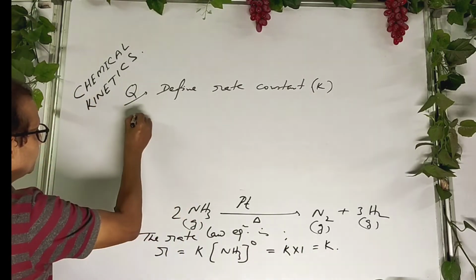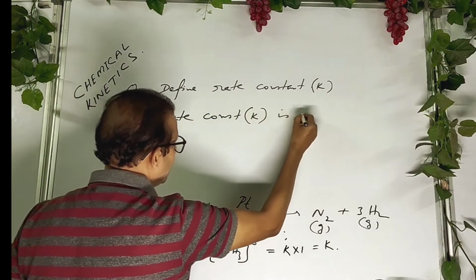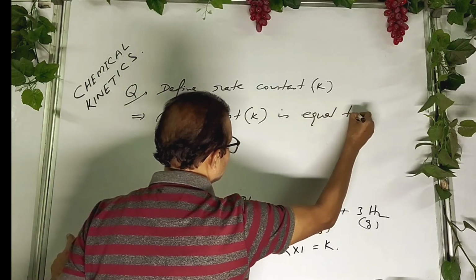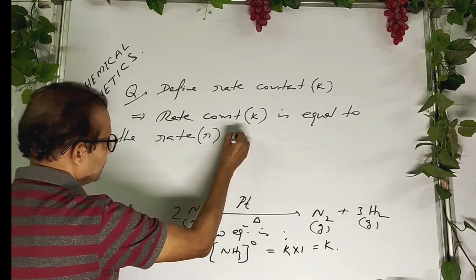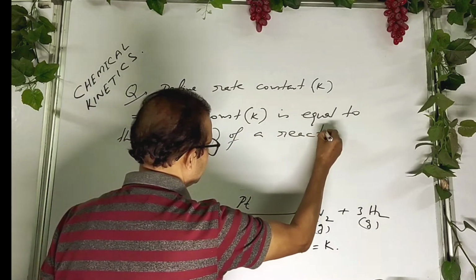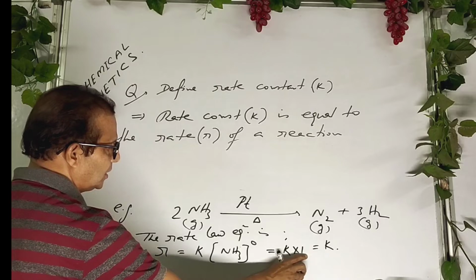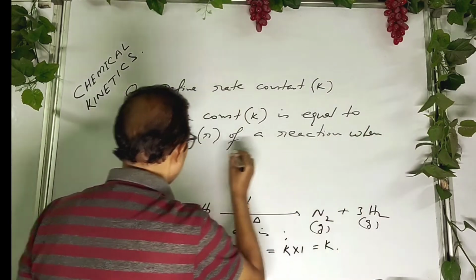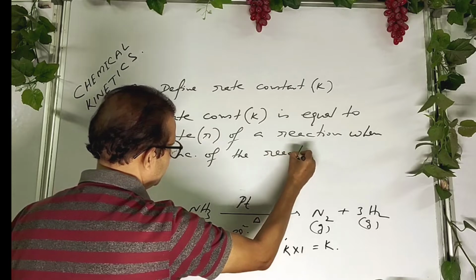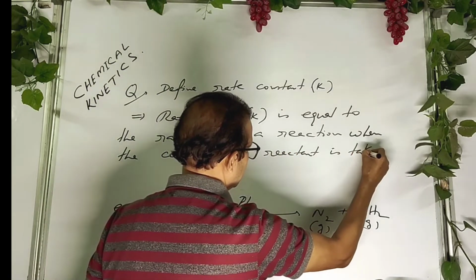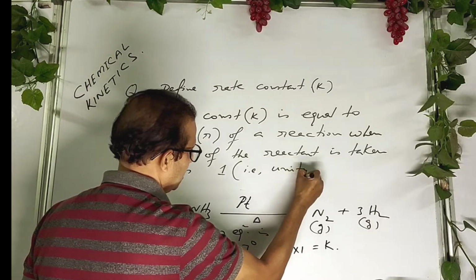Rate constant is equal to the rate of a reaction when the concentration of the reactant is taken as 1, that is unity.